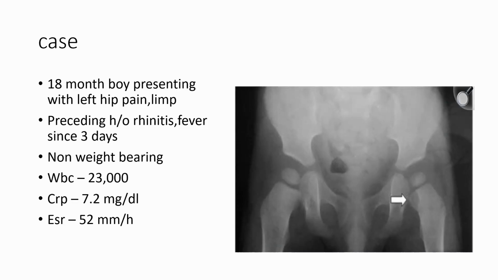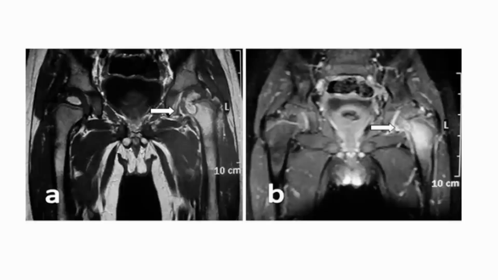And the next. MRI was done, and the MRI showed hyperintense signals in the left proximal femur, and a plan for biopsy was made. Next.